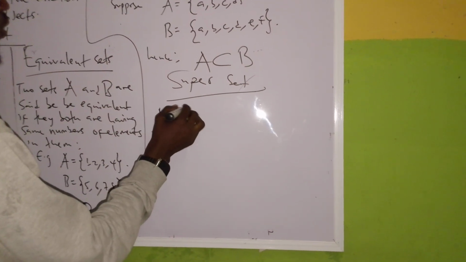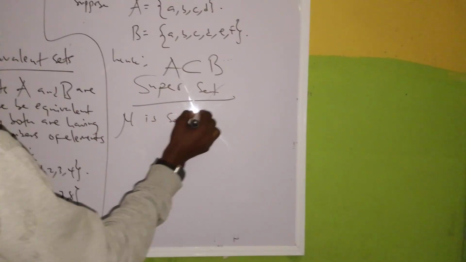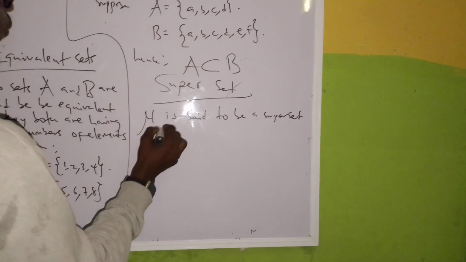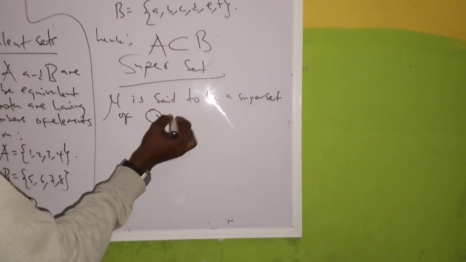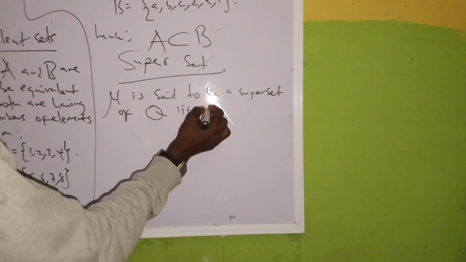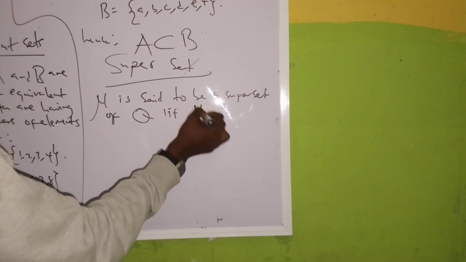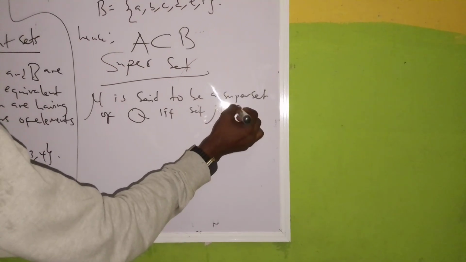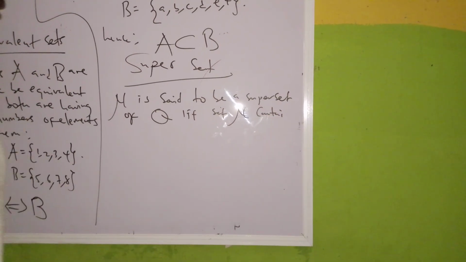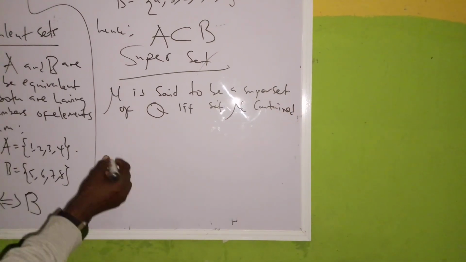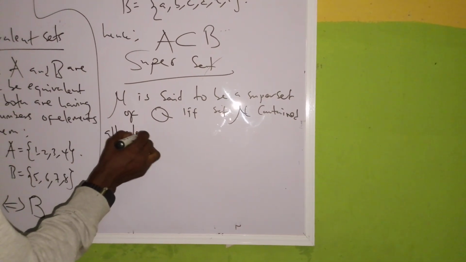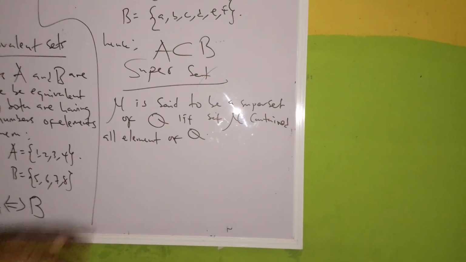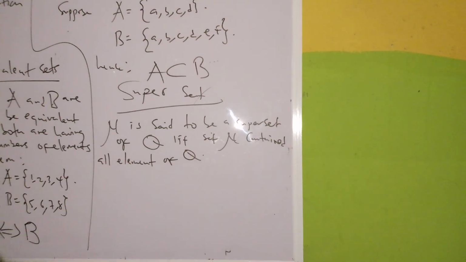Let me use mu is said to be a superset of another set Q, if and only if the set mu contains all elements of Q. The set mu contains all the elements of Q. That is why it's a superset.